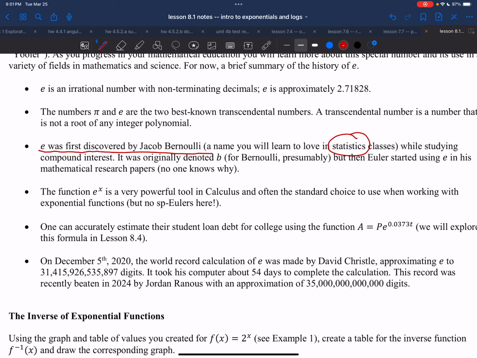So there's some like Bernoulli tests and stuff like this that if you take AP stats, you're going to see this name pop up, yeah? And he is the one who first discovered this interesting special number, 2.718, and it came from compound interest.